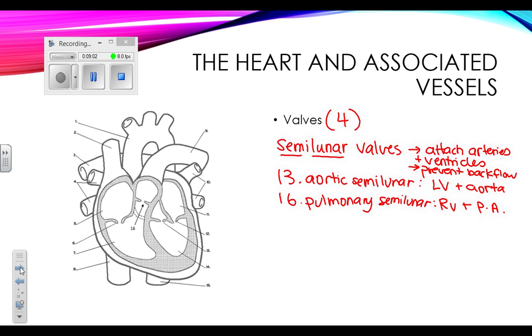So you have these 2 valves. They're between arteries and ventricles. They prevent the backflow of blood. Blood is flowing always from the ventricle to the artery. So once blood leaves your ventricle and enters the artery, then that valve will shut to make sure that blood doesn't go backwards.